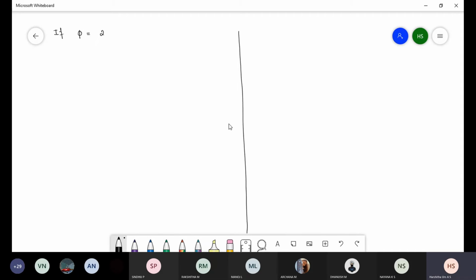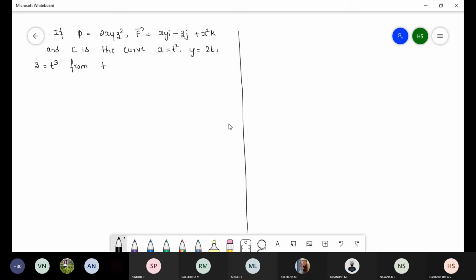Phi is equal to 2xyz square, and vector f is equal to xy i minus z j plus x square k, and C is the curve x is equal to t square, y is equal to 2t, z is equal to t cube, from t is equal to 0 to 1.